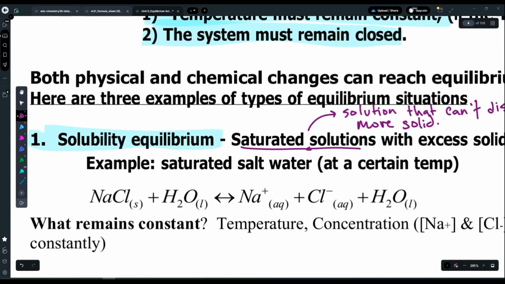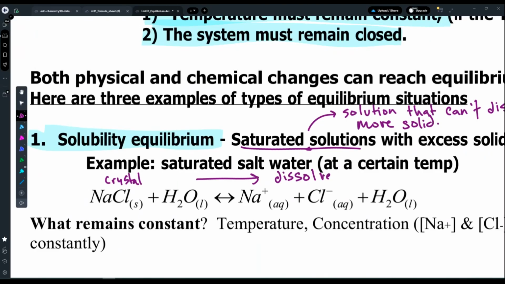The forward reaction here, we're going from our crystals to a dissolved substance, whereas the backward reaction, we're going from the dissolved substance to the crystals.